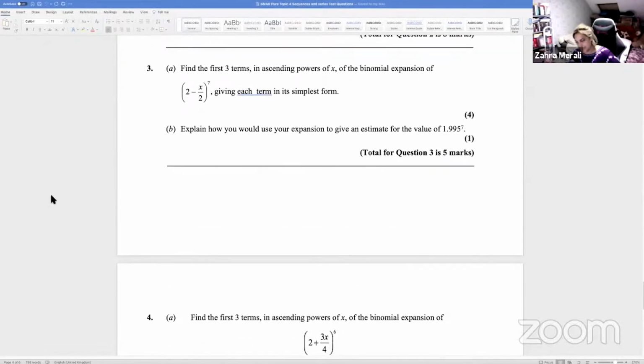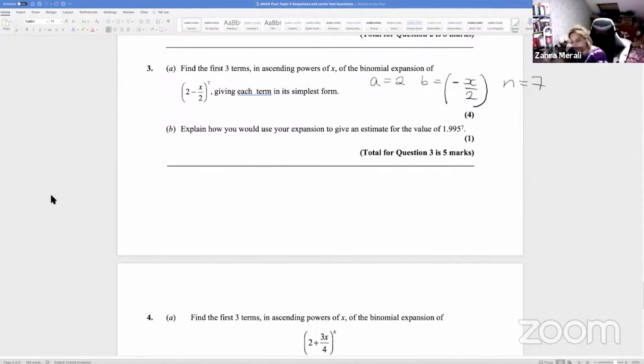So in this case, we've got our A is 2, our B we think about as minus x/2, which is the same as minus a half x. And our n is 7.